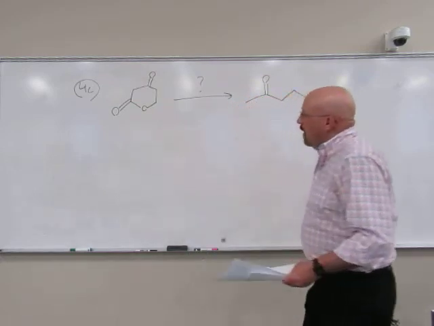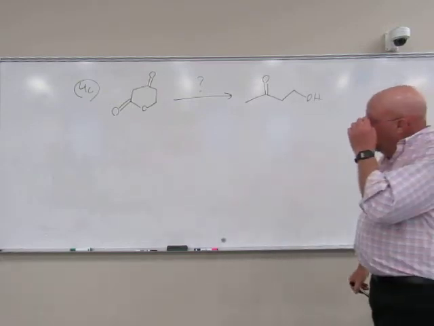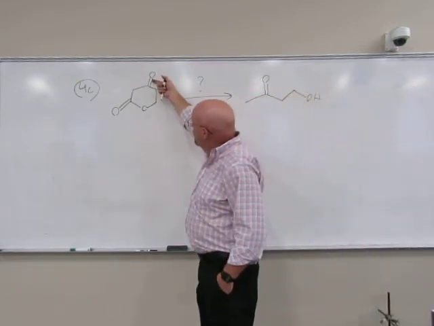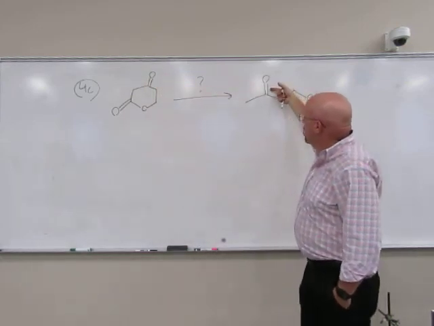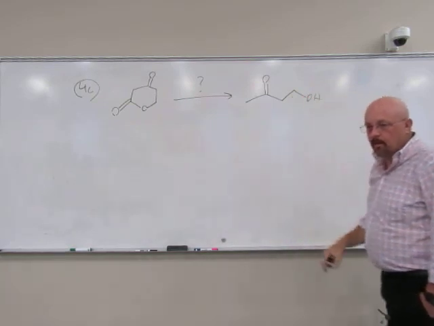Okay, so let's see how we can accomplish this. Take that starting material to this product. We still have a ketone, but you notice my ester's gone, and we've broken the ring apart.